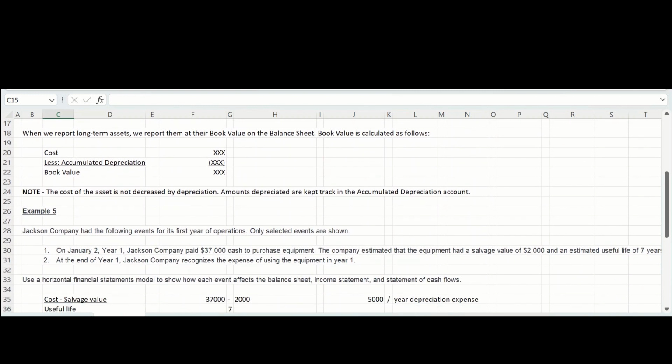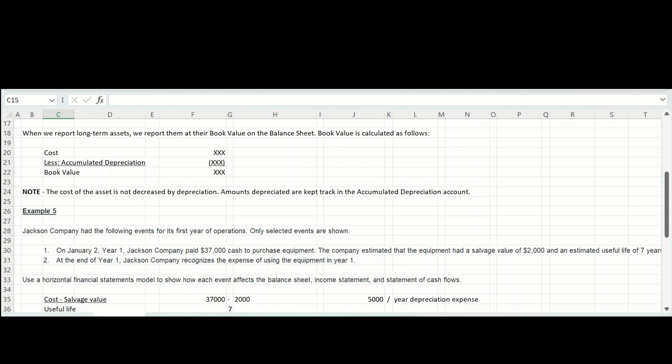Now, when we report these long-term assets, we report them on our balance sheet at the book value. And the book value is calculated based on the cost, or the price paid for the asset, less something called accumulated depreciation.